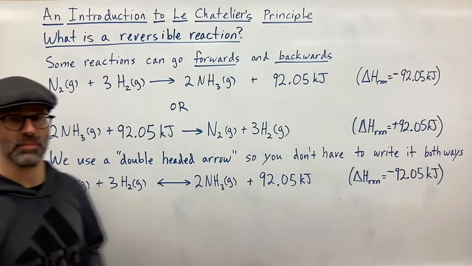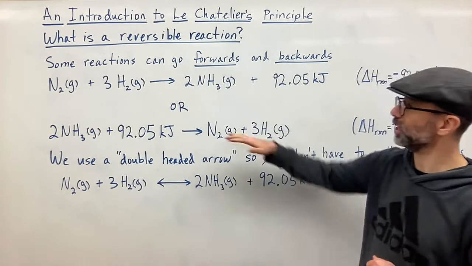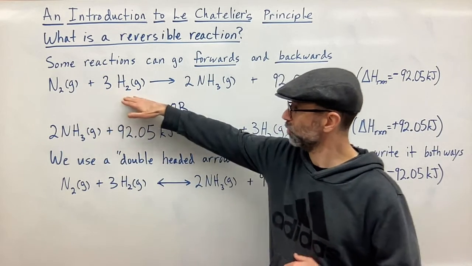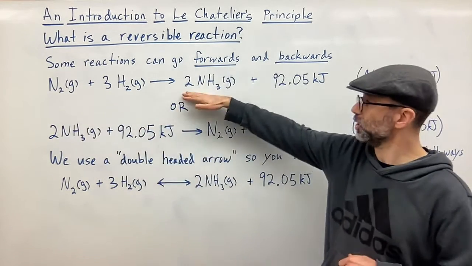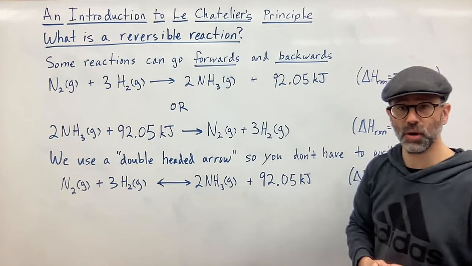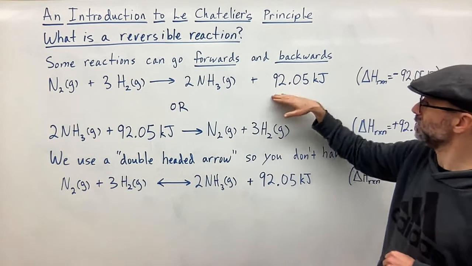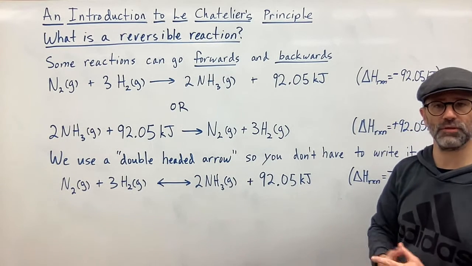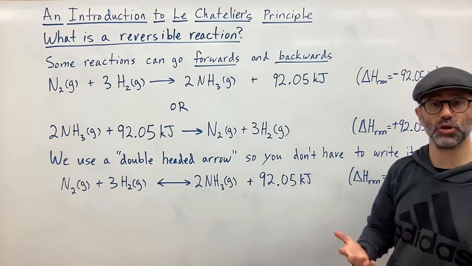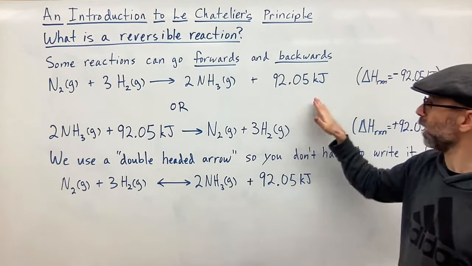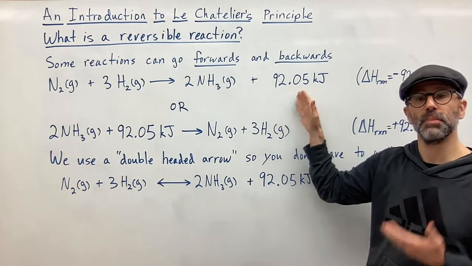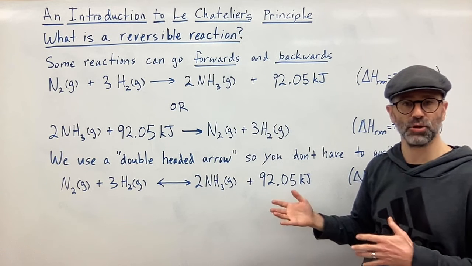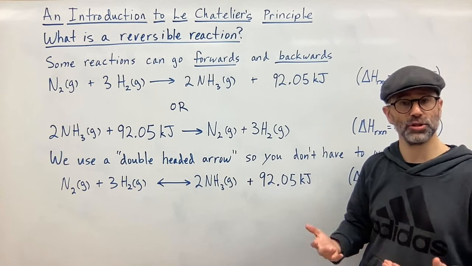So here's an example. In this example, we have nitrogen reacting with hydrogen, with 3 moles to 1 mole here. And that's going to produce 2 moles of your ammonia. And that's going to release 92.05 kilojoules of energy. So therefore, this is an exothermic reaction, and so we write it as a product. This is going to be important when we're looking at Le Chatelier's principle with respect to exothermic and endothermic reactions and temperature changes.